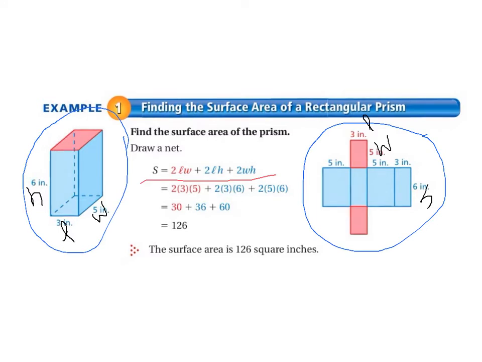So then we plug in those numbers to our formula. So we have 2 times 3 times 5 equals 30, plus 2 times 3 times 6 equals 36, plus 2 times 5 times 6 equals 60, which gives us the surface area of 126 square inches.